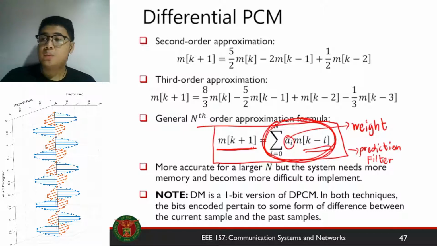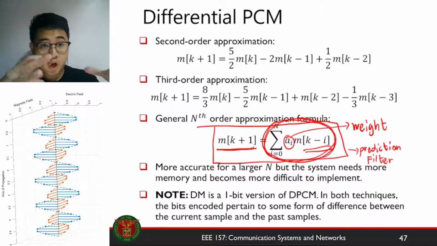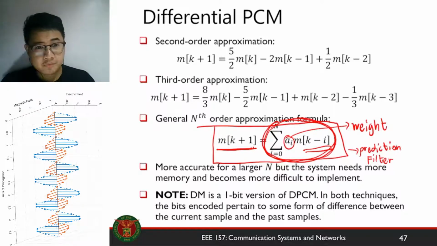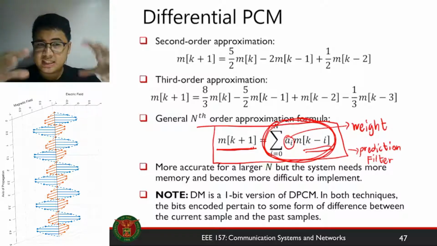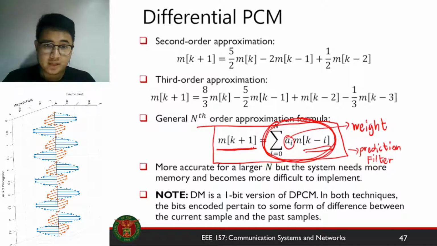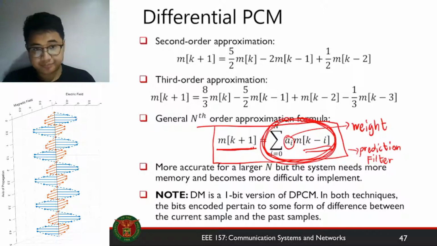Even if we have a small sampling rate, we can represent the output of your encoder with a small number of bits only. Okay? And using this bit sequence, we will be able to accurately represent the output signal by using the same prediction formula at the receiver.